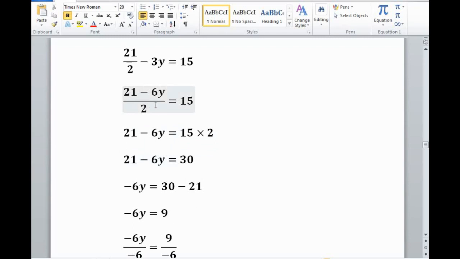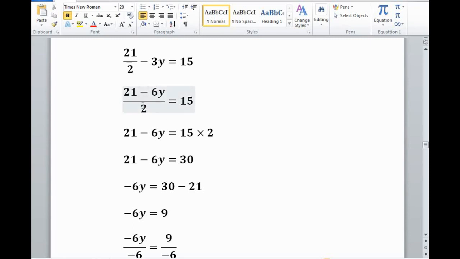I hope that you know how to take the LCM of fractions. For further simplification, I'm going to multiply 2 on both sides, the left and right side, to cancel out this 2. Or you can also shift this 2 from the left to the right side.